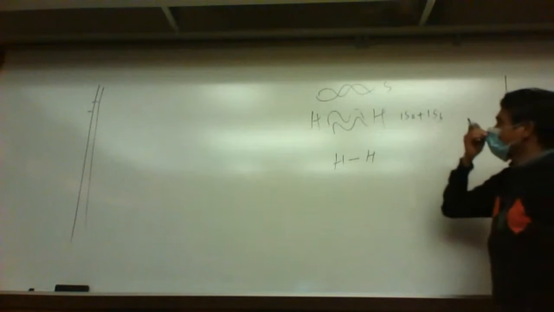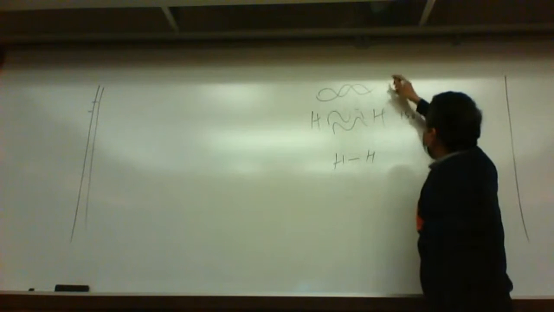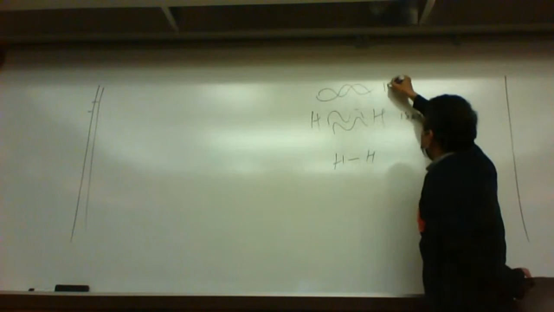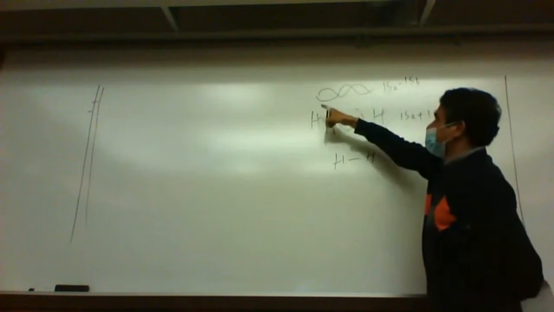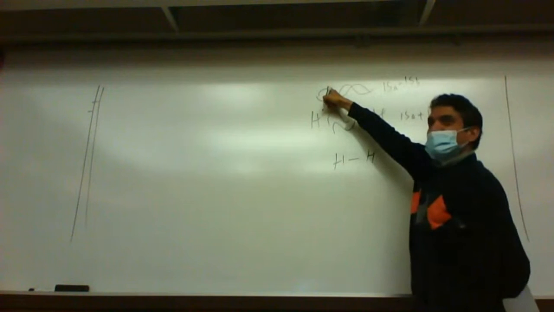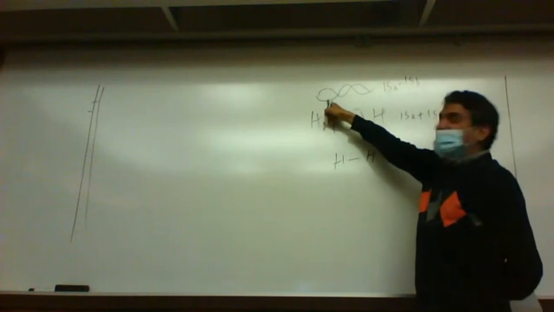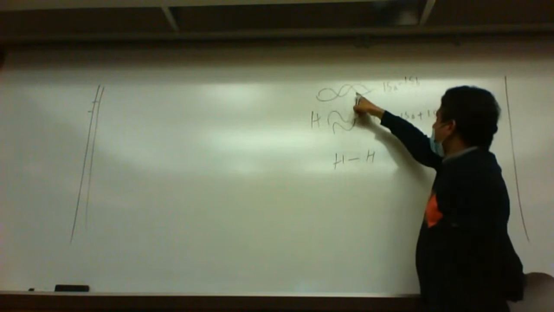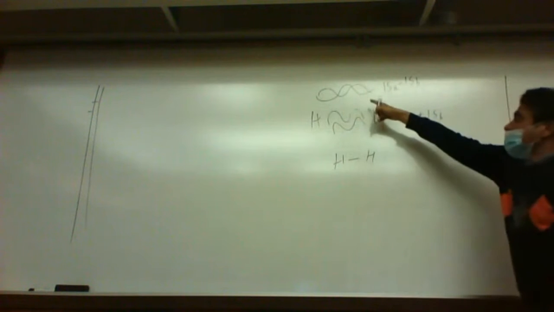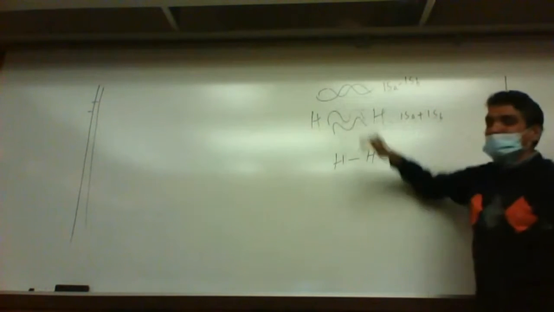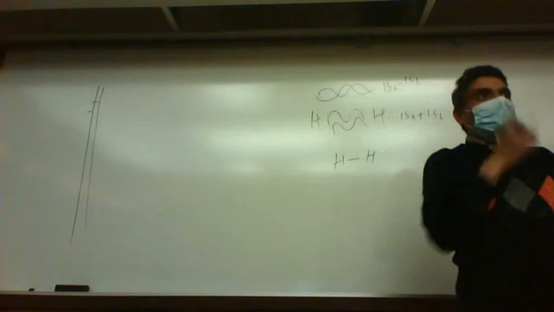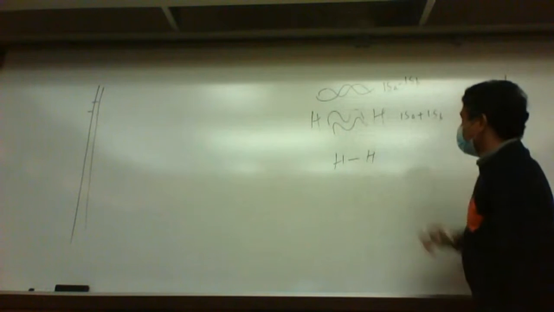And if you want to represent this one, it is represented as 1sA minus 1sB. Why? They are canceling each other. The peak here is pointing up, the peak there is pointing down. Here the peak is pointing up, there the peak is pointing down. So they are canceling each other here. Here they are not canceling each other. They are just combining to give a high amplitude wave.